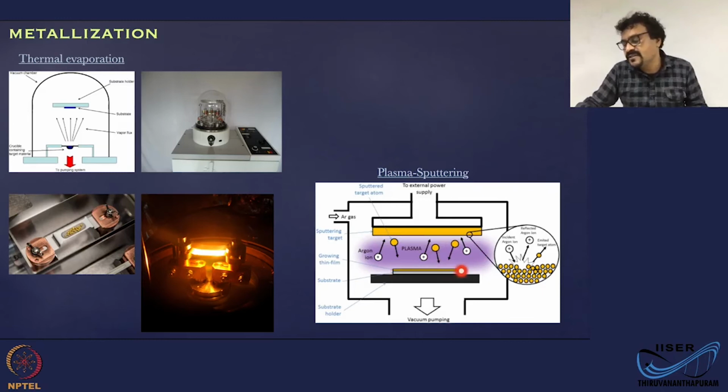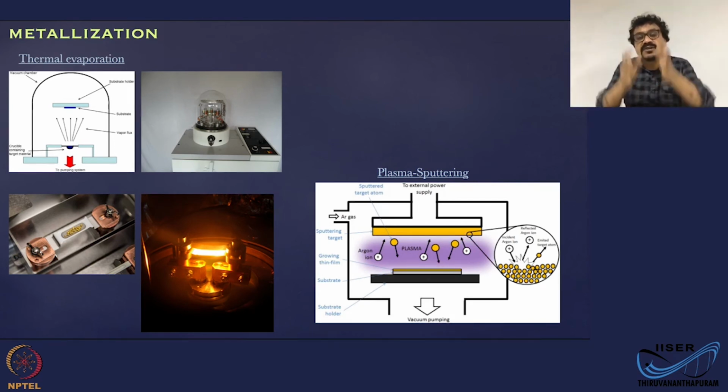So this is an isotropic process. What I'm trying to say is the metal which will get released from this target and deposit on the substrate, deposits at all angles. It's a plasma, so it also will coat the side walls of the resist.